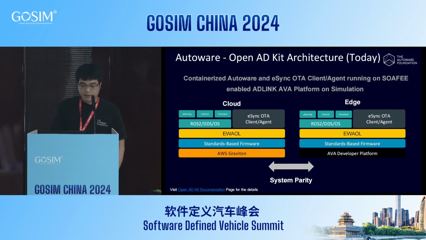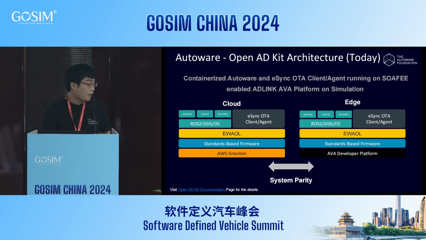Like I said, the key thing is that we always want to make sure we have system parity between the cloud and the edge. For example, if we have an ARM-based ECU running on the edge device, then we also want to test our features on the cloud using the same ECU architecture.